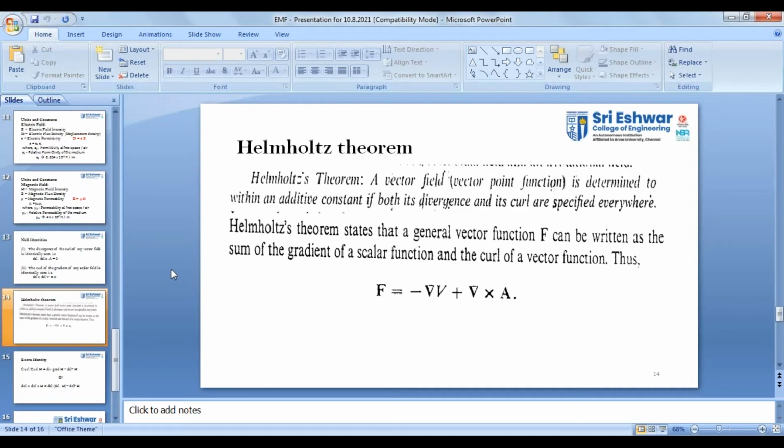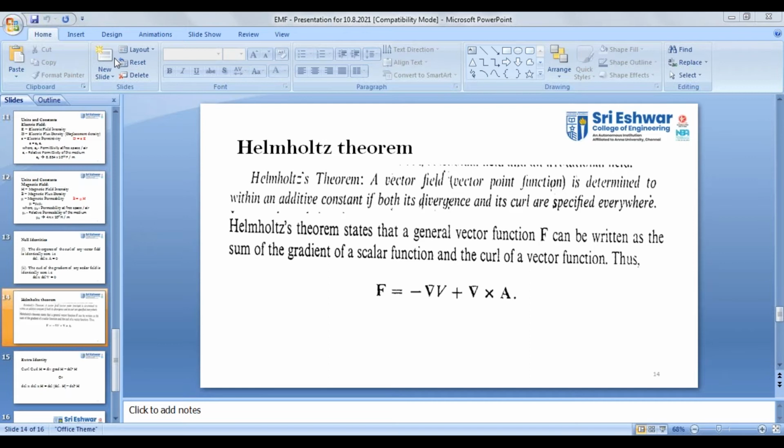A vector field or vector point function is determined within an additive constant if both its divergence and curl are specified everywhere. I can state it like this.